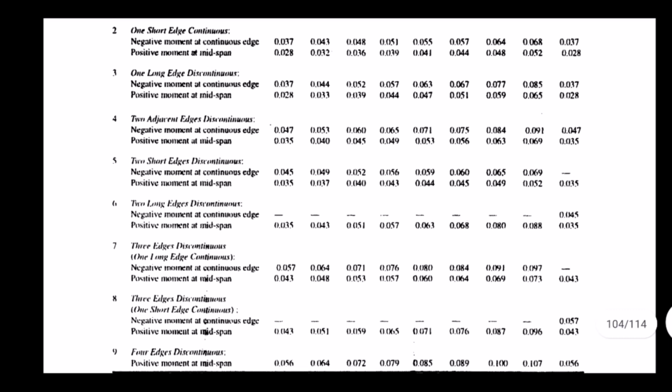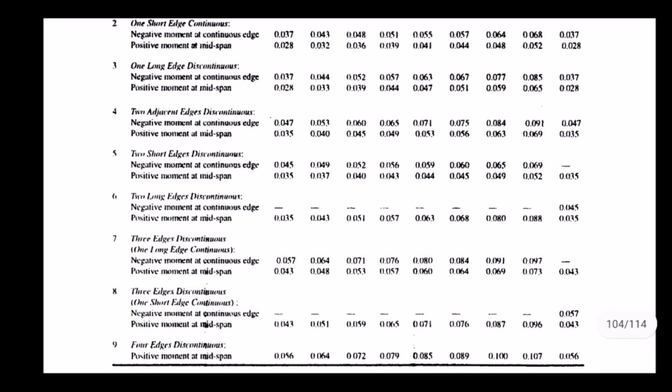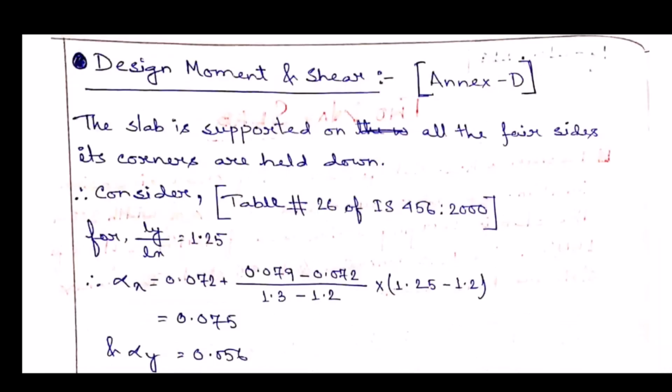If the support condition is not given in the question, generally we consider number 9, 4 edges discontinuous. Okay. So let's go to the problem. In this case, the support condition is not given in the question.